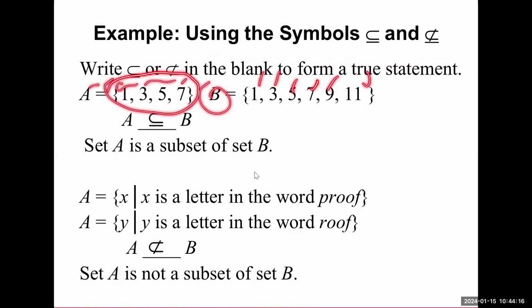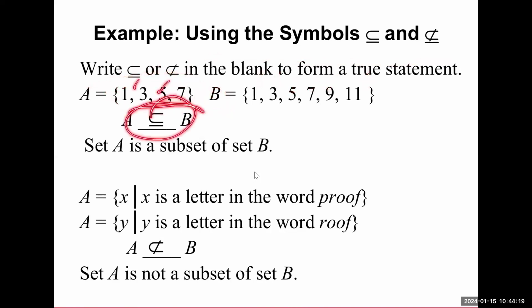So A is a subset of B because every element in A is included in B. For the others, there is an element that is in A but not in B, so A is not a subset of B.